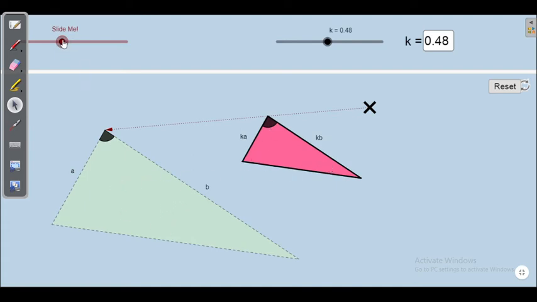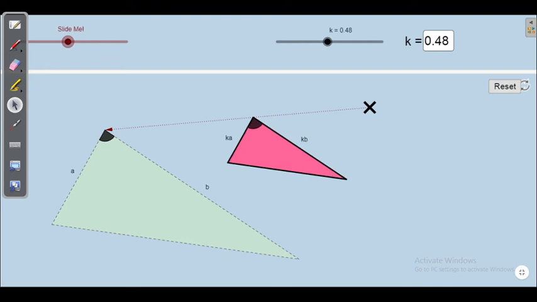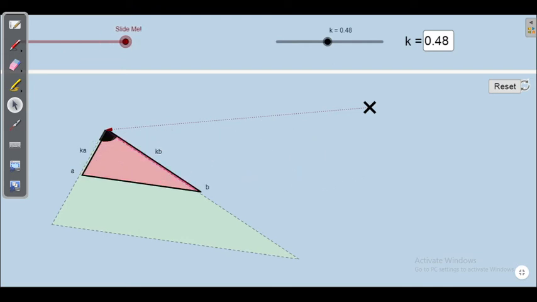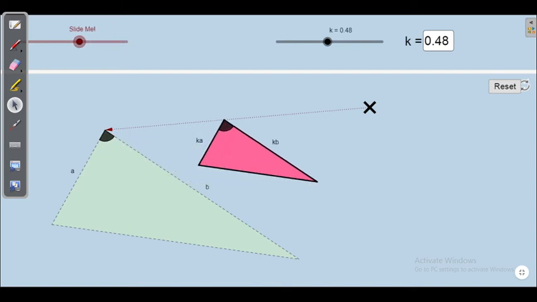Let's see if that fits. See, it is fitting, but they are not congruent, right? Yes, ma'am, they are not congruent. Some part is left out in the big triangle.